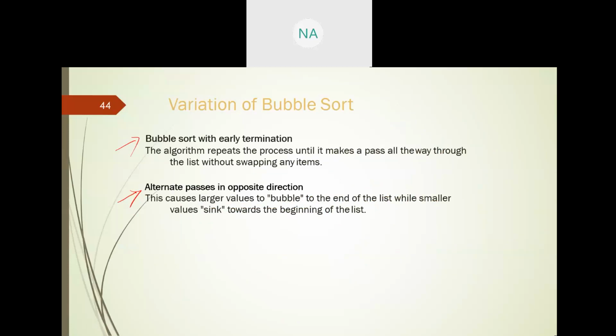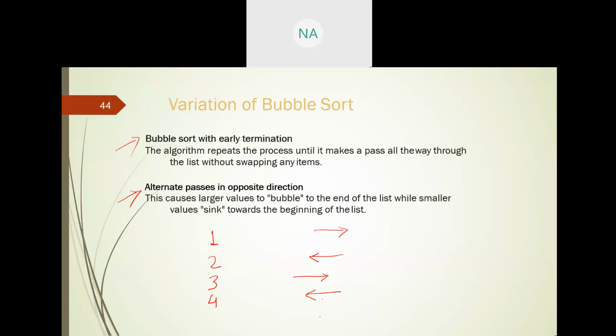For example, in pass 1 you bubble up the largest element towards the end, in the second pass you bubble down the smallest element towards the beginning, then in the third pass you bubble up the largest element towards the end of the subarray, and in the fourth pass you bubble down the smallest element towards the beginning of the subarray.